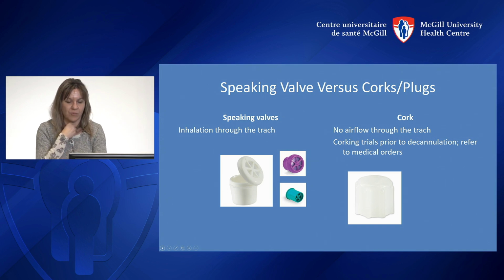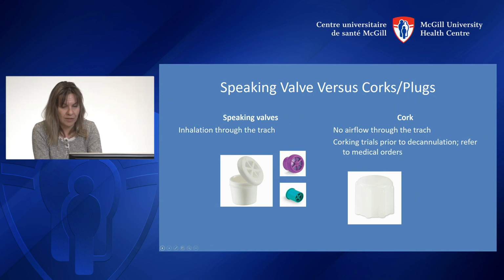With a cork, when we plug the tracheostomy tube completely, there is no airflow through the tracheostomy tube, and the patient is breathing via their nose or mouth, just as you or I would. Corking trials are done prior to decannulation and are usually written as medical orders, so all you have to do is refer to the medical orders.